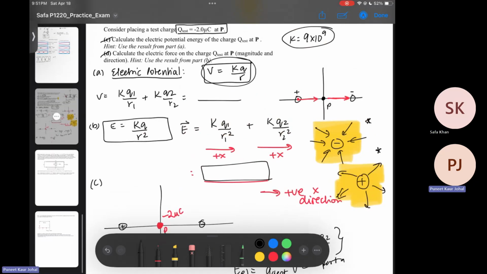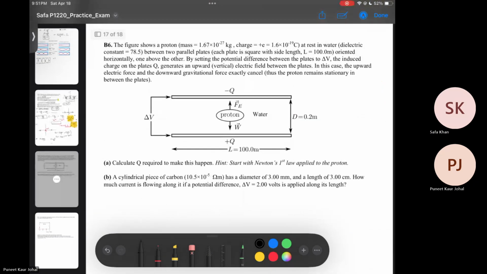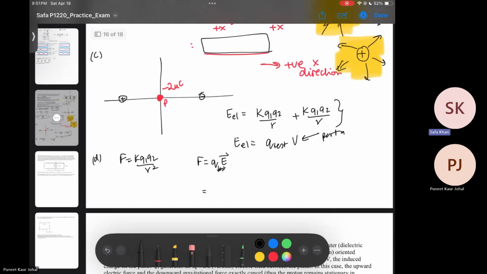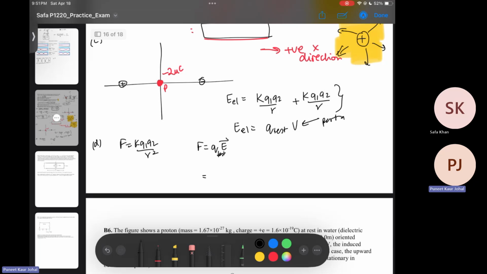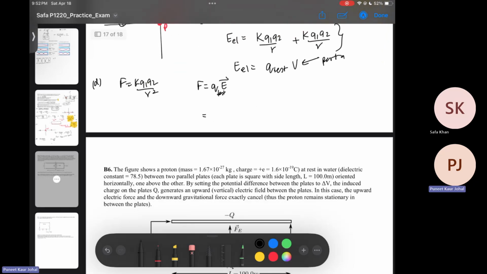Good. The next thing is, sorry, B6. For the force, which direction is it going to be in? Depends on the sign. Let's just do the calculation then. So it's the negative 2 microcoulomb charge, and electric field.